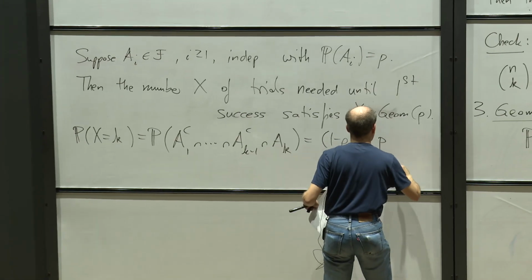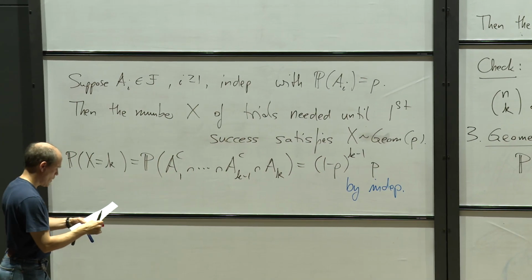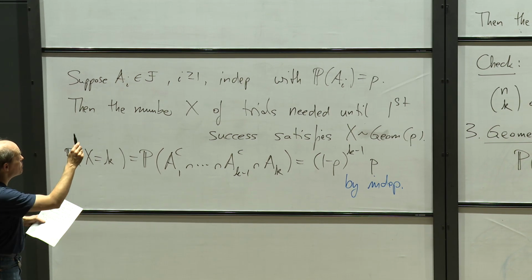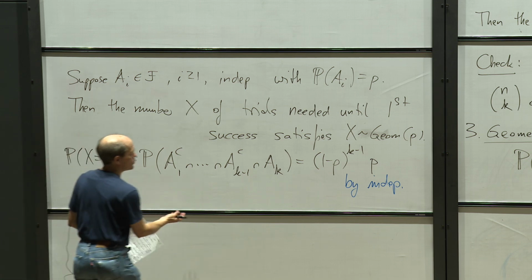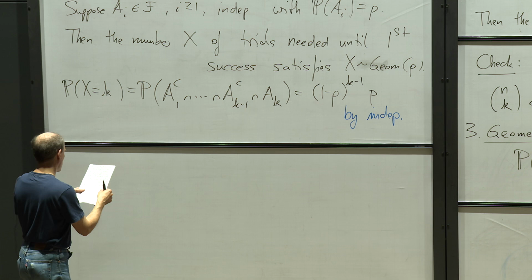So let me write this explicitly. Okay, so this is the main geometric distribution. Sometimes you find a different geometric distribution.